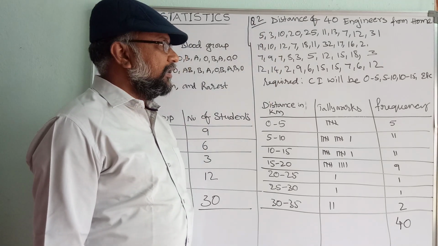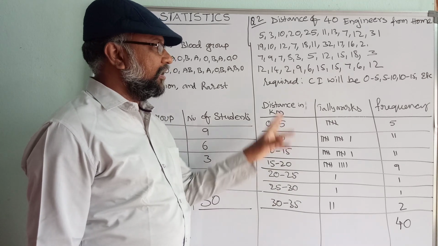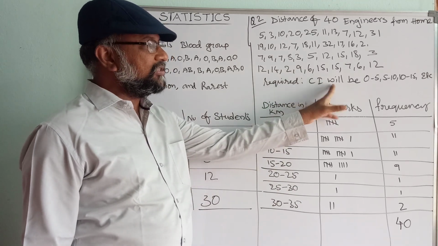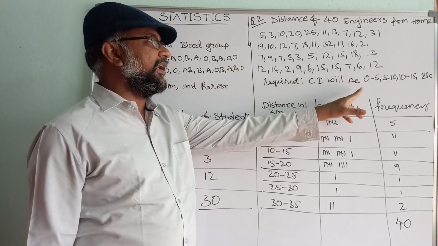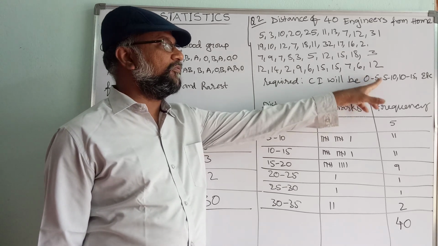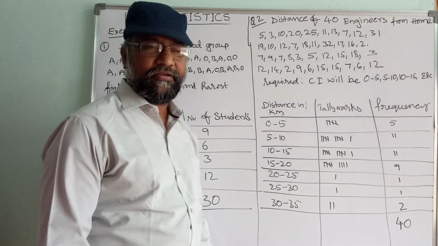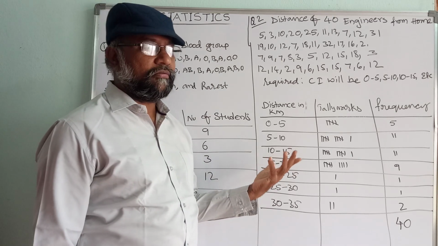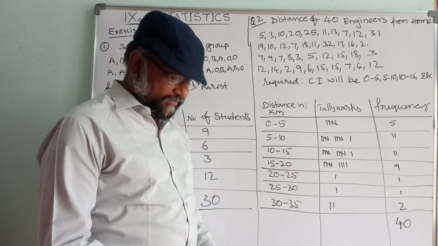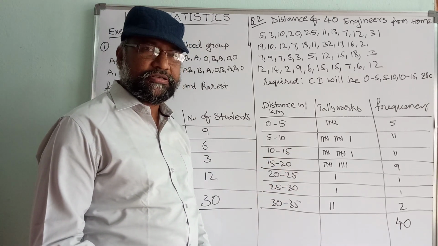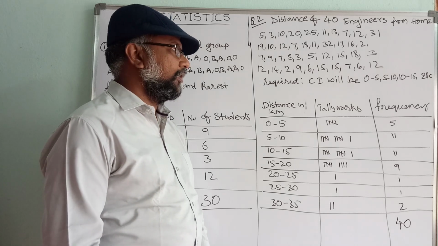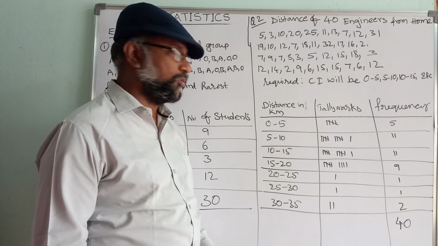Now actually the question requires that the class intervals should be taken as 0 to 5, 5 to 10, 10 to 15. So what type of class interval is it, whether it is discrete or continuous? Okay, it's a continuous class interval.